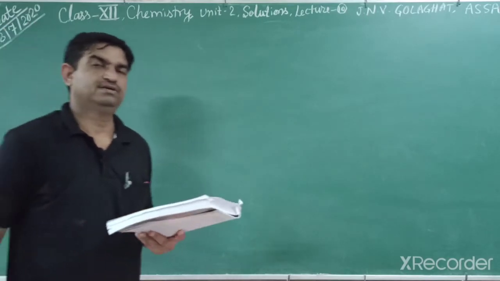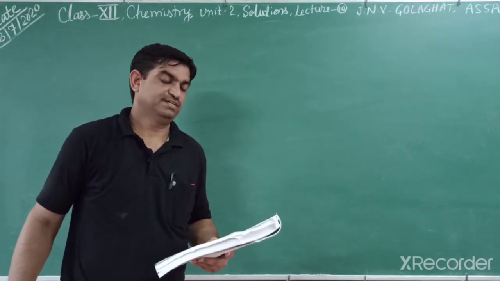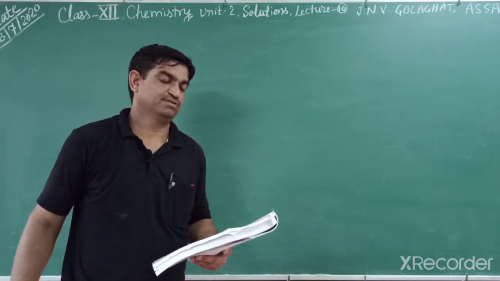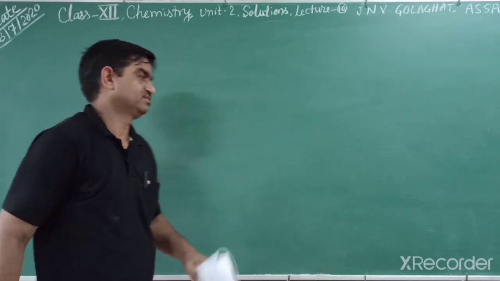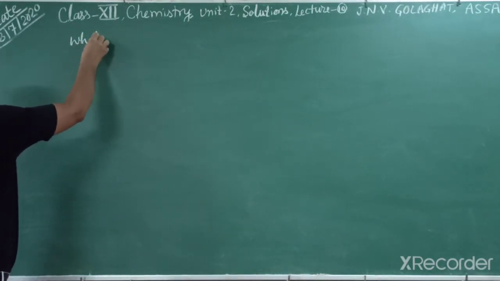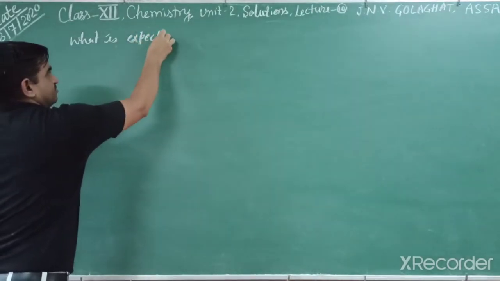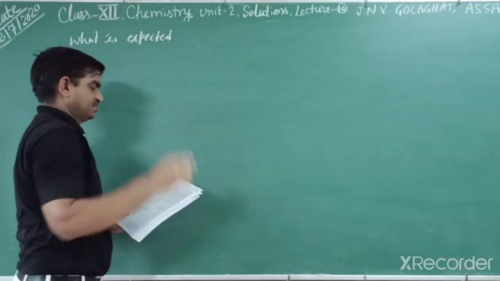Students, a numerical related to Van't Hoff factor. What is the expected value of Van't Hoff factor for K3[Fe(CN)6]? What is the expected Van't Hoff factor value?